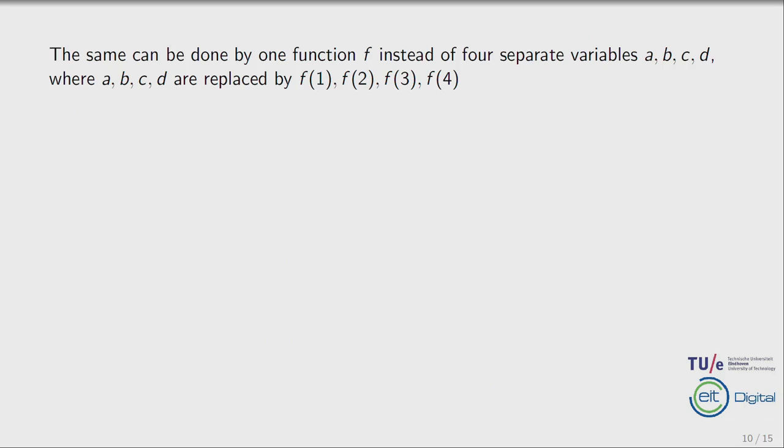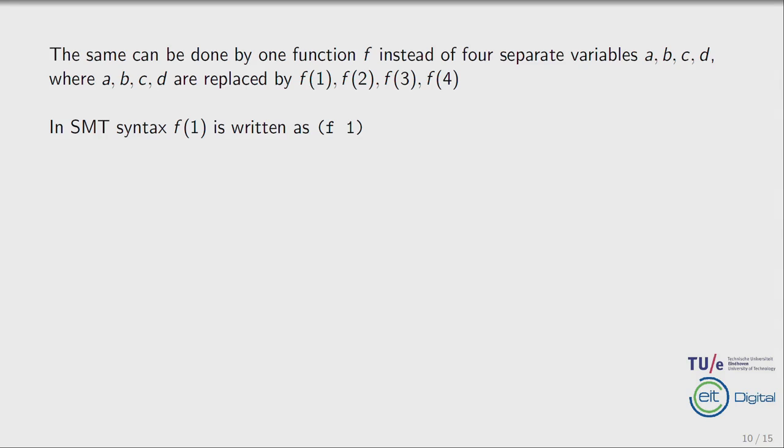The same can be done by one function f instead of four separate variables a, b, c, d, just by replacing a by f1, b by f2, c by f3 and d by f4. And then it looks as follows. First remember that f1 is written in the SMT syntax as parenthesis open f1 parenthesis closed.